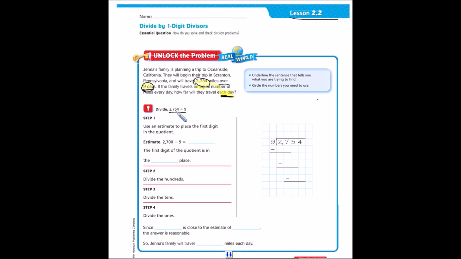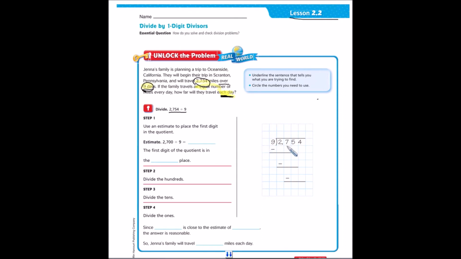When I am solving division problems, I estimate, and sometimes after I set it up, remember we have 2,754 divided by 9. I cover up my digits in the ones and tens place value, and I think to myself, how many times does 9 go into 27? So 9 goes into 27 3 times.